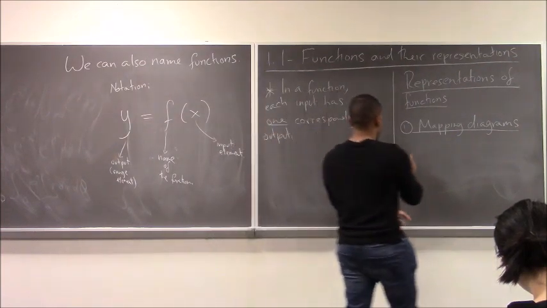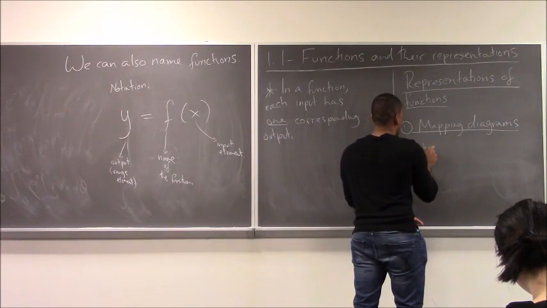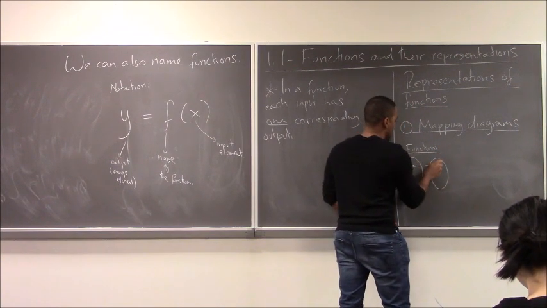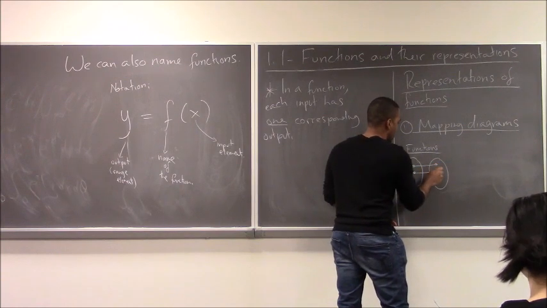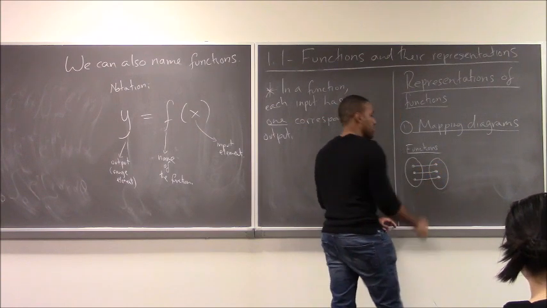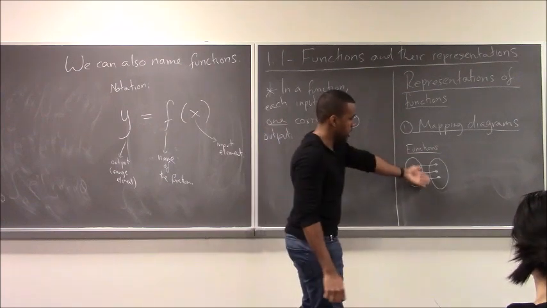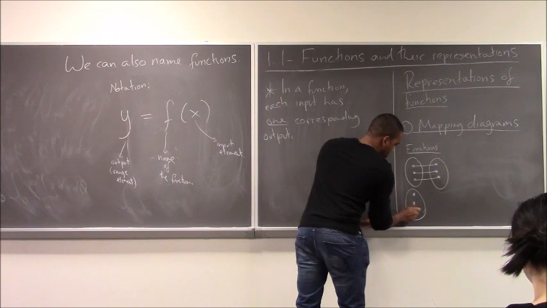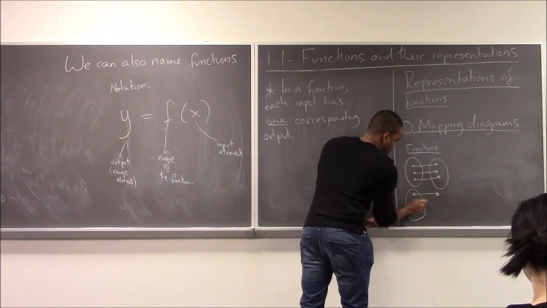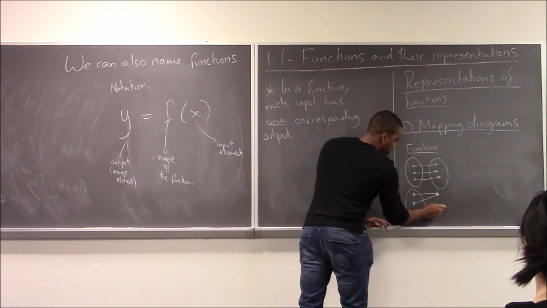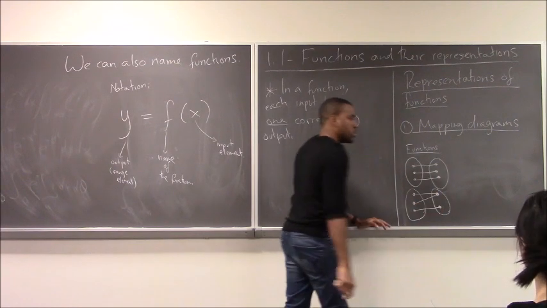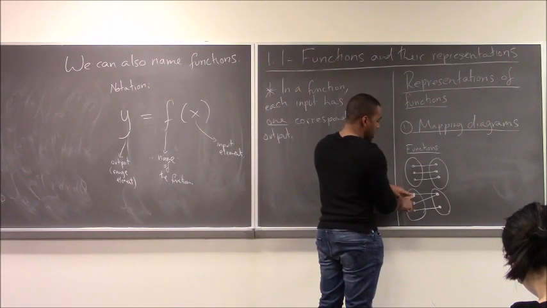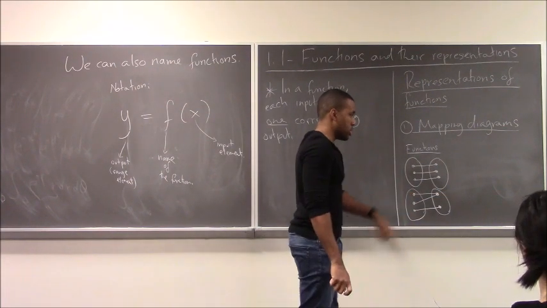So an example of a function would be a diagram where you can see everyone going to one thing. You can also have something like this, where you have several people going to one thing. These are both functions, right? Because each person here has one line emanating from them to connect them to someone else in the group.